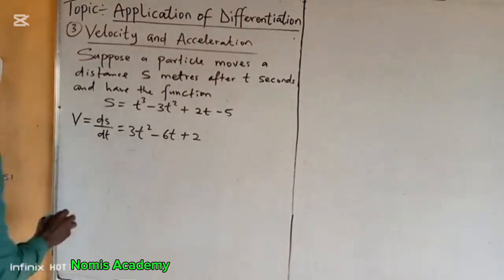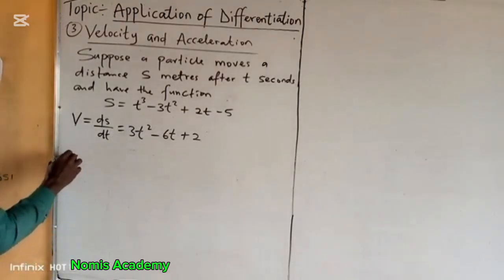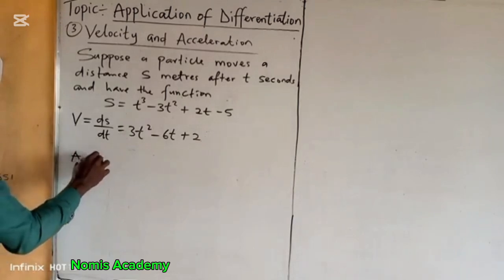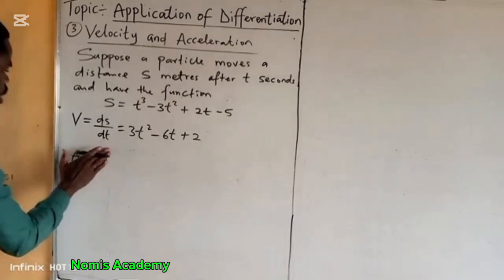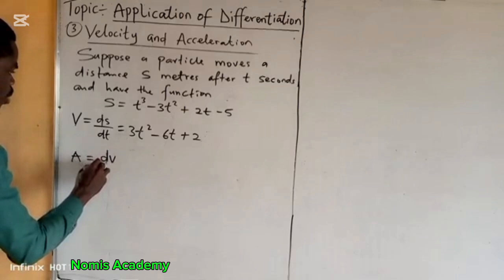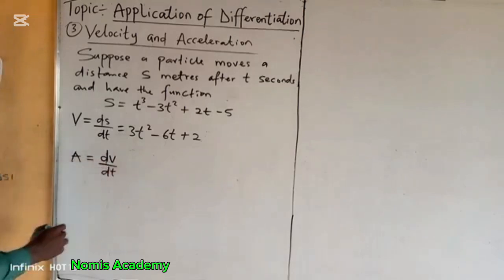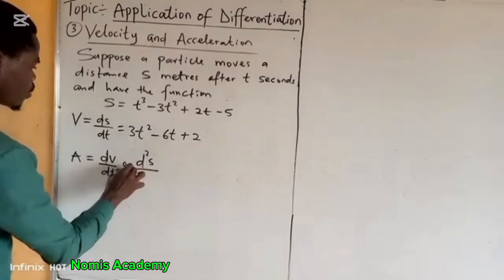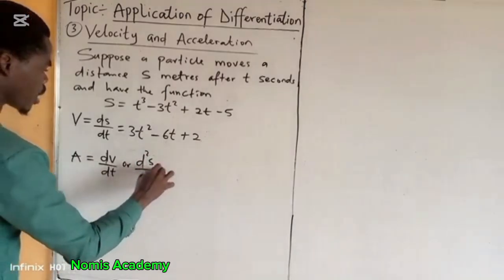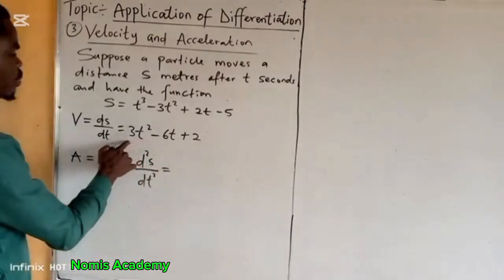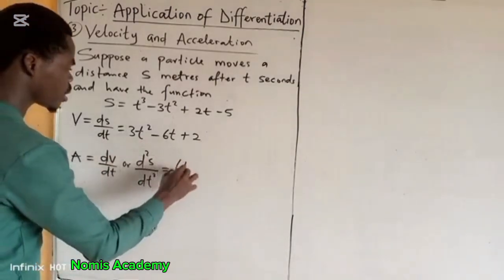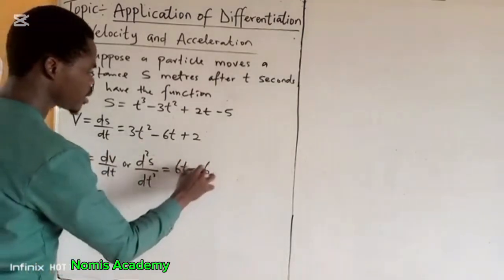And then the acceleration a, which is dv over dt, or d squared s over dt squared, is equal to, now differentiate the velocity again, and then you have 6t minus 6.